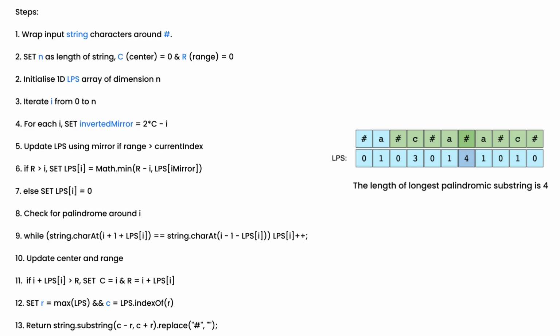Check palindrome around i using a while loop and increment LPS[i] by 1 as long as the current mirror forms a palindrome. The characters at i plus 1 plus LPS[i] and i minus 1 minus LPS[i] represent the right and left characters of the palindromic mirror. At the end of each iteration, update C and R if i plus LPS[i] is greater than the current range. Return the substring from C minus R to C plus R excluding slash characters.